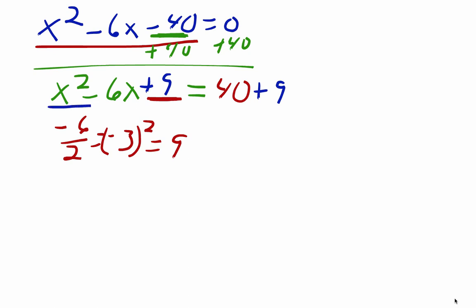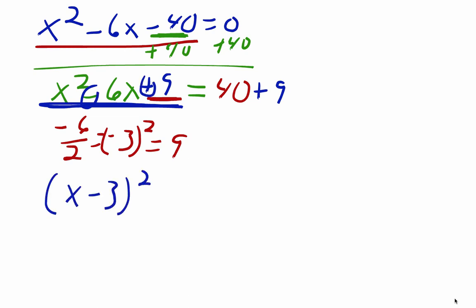So now I do have a perfect square trinomial right there, because I can take half of the middle term, negative 6 divided by 2, square it and get 9. So my answer here, I get a minus and a plus, so it would be x minus 3 squared equals, and 40 plus 9 is 49. Alright, now to get rid of the square there, you take the square root, because it was the inverse.